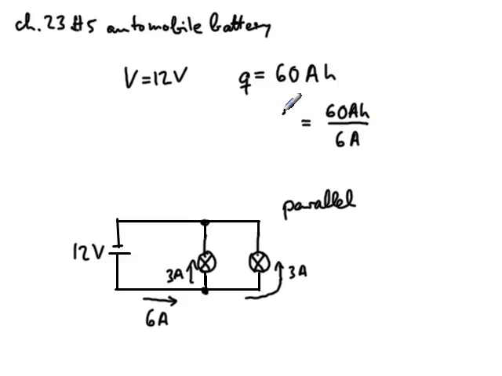I would have charge divided by current, 60 amp hours divided by 6 amps, which is 10. The amps divide, and I'm left with hours, which means that charge divided by current is time, and the answer is that it takes 10 hours for the battery to drain.